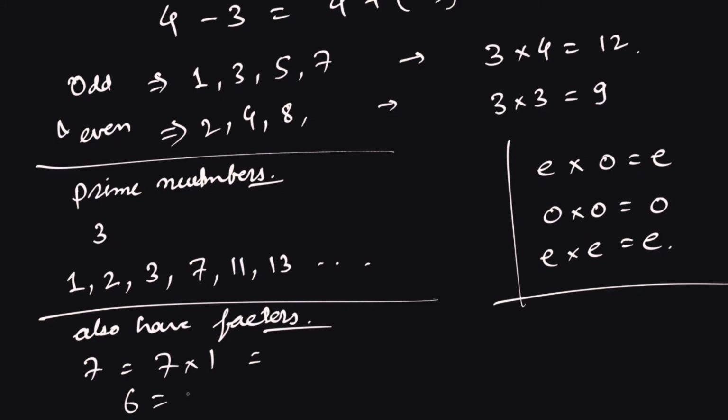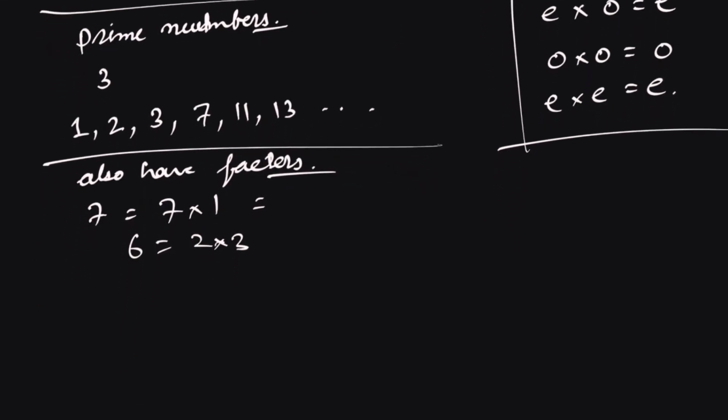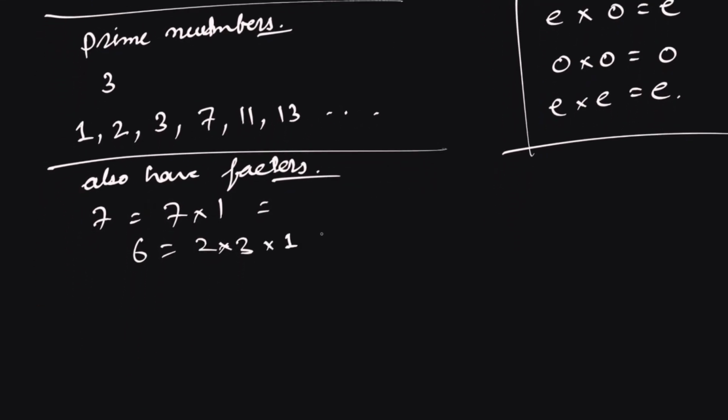So 6 is made up of 2 into 3 into 1. 6 can also be 6 into 1. So when a number has factors more than just itself and 1, such as 2 and 3, that is not a prime number. And factors we can use in multiple ways, and we'll see them later.